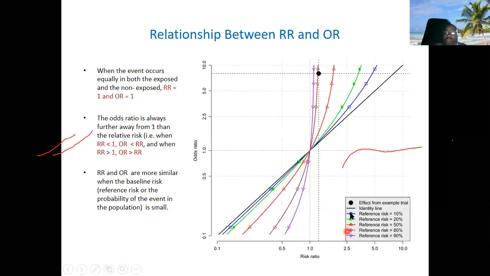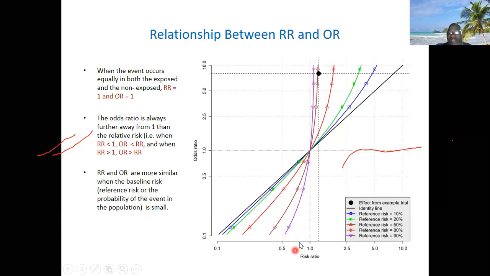Trace this 2.5 to this green or any of them. The relative risk is 2.5, but the odds ratio is greater, maybe 3 or something like that. It's greater than 2.5. That is when the risk is greater than 1.